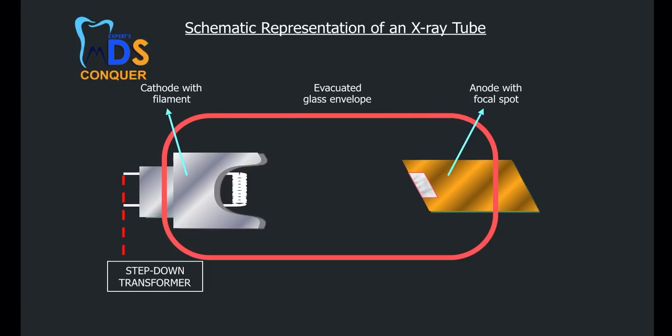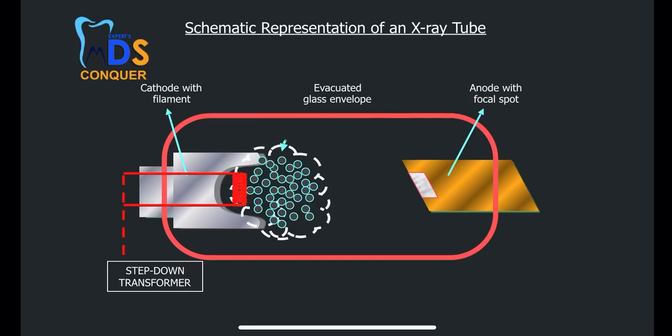Now, in order to heat the filament, as you can see, the filament has turned red in color. To get the electron cloud, we need to heat the filament, so we need to give a good current supply to the filament.